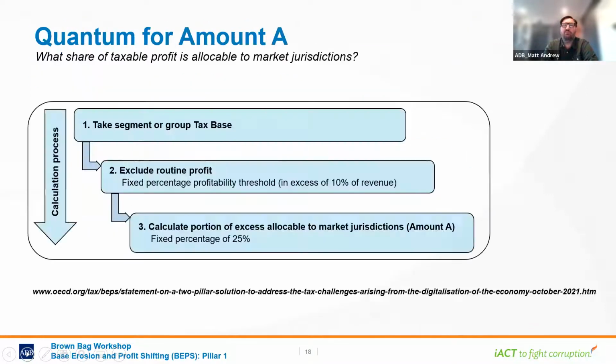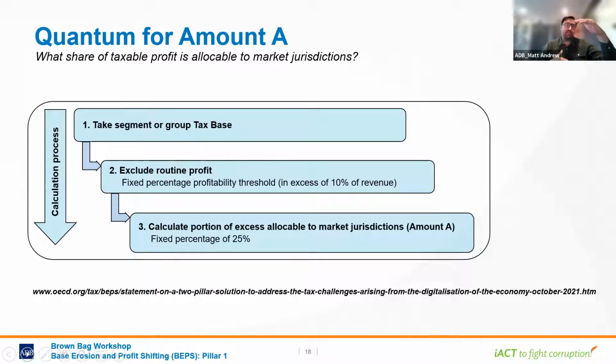Next slide, please. In terms of the quantum of Amount A, as I've mentioned previously, this is calculated by taking 25% of the profits above 10% adjusted profit before tax. So this is then allocable to the eligible market jurisdiction.